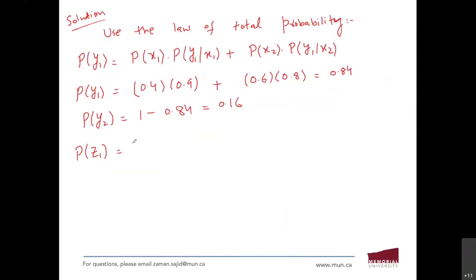This will be the probability of Y1 times the probability of Z1 given Y1, plus the second state, the probability of y2 times the probability of z1 given y2.